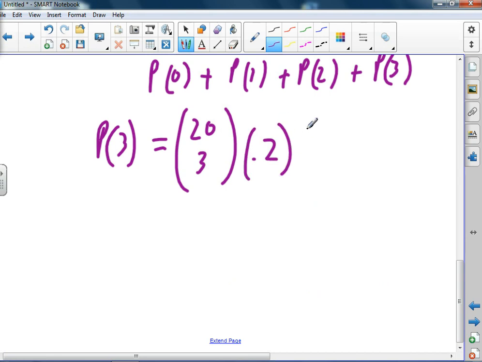0.2 cubed, 0.8 raised to the 17th, times 0.2 cubed times 0.8 raised to the 17th. 0.2055054.